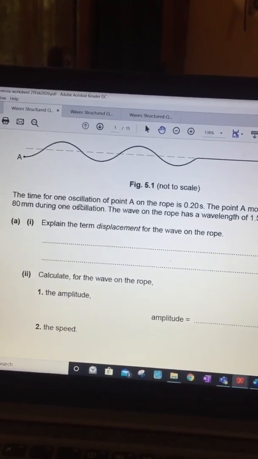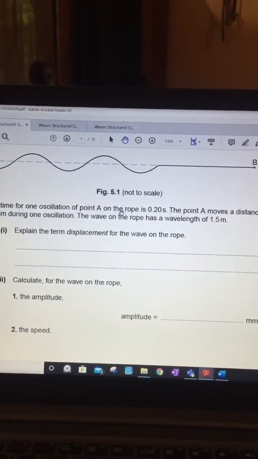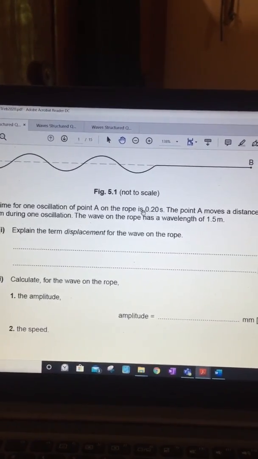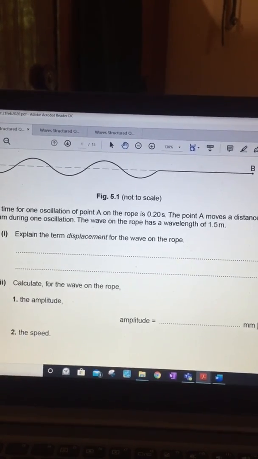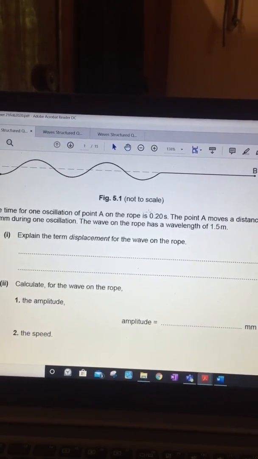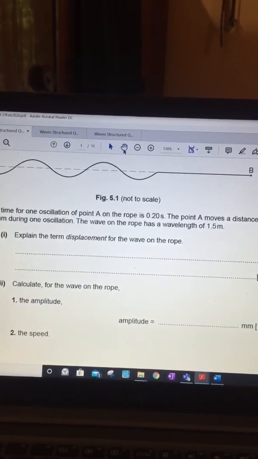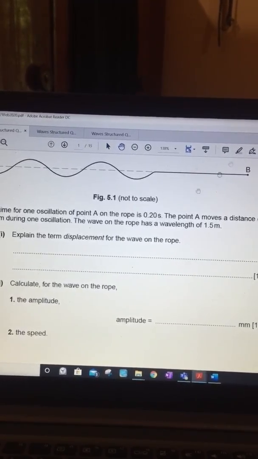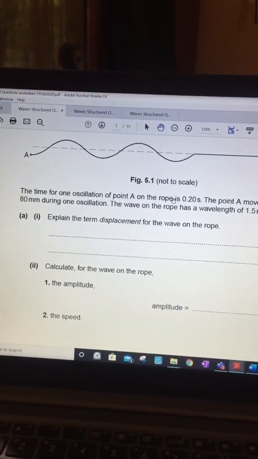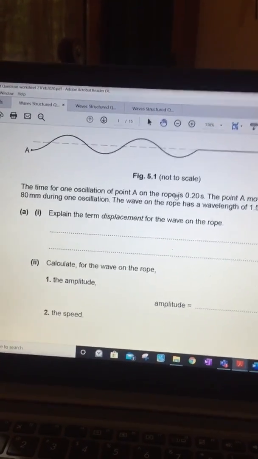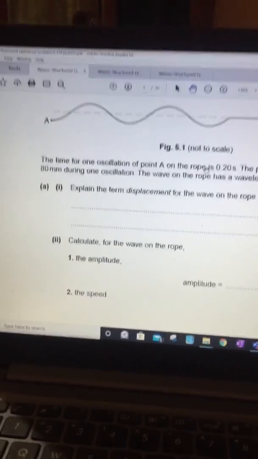The time for one oscillation of point A on the rope is 0.2 seconds, and the point A moves a distance of 80 millimeter during that time. Okay, so, explain the term displacement for the wave on the rope.